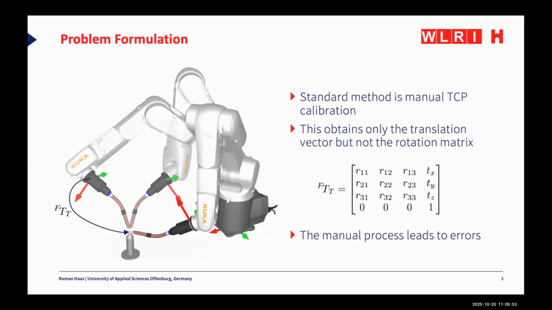And he does this in a way that we get 3 different robot poses, for example. So this transformation matrix is not completed. We only have the translation vector, but we cannot say anything about the rotation matrix, for example. And also the manual process leads to errors.